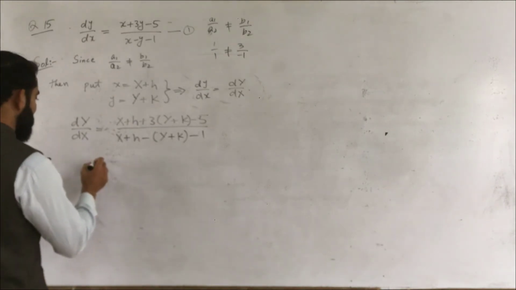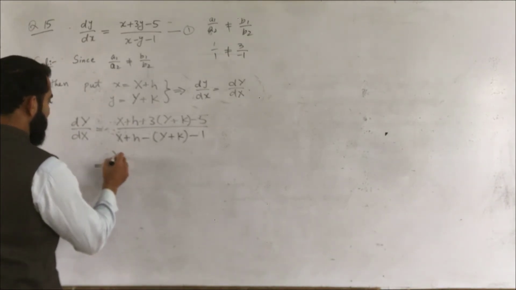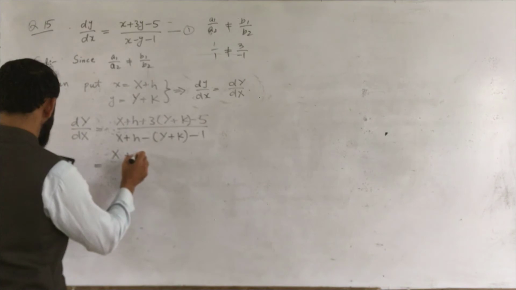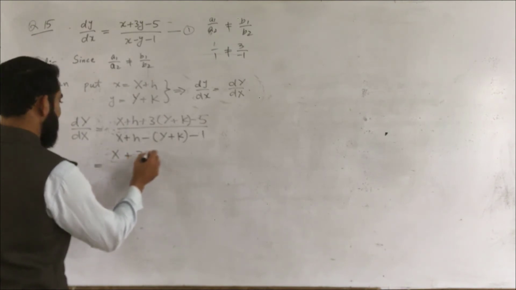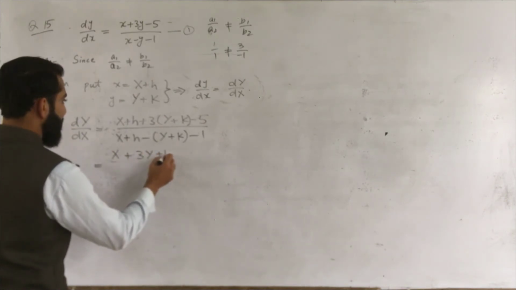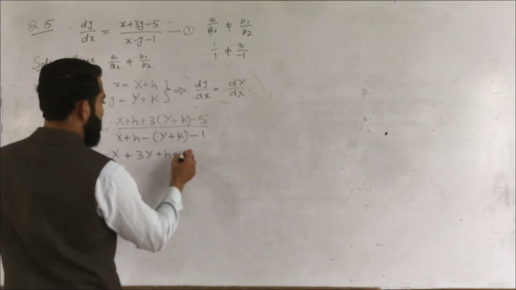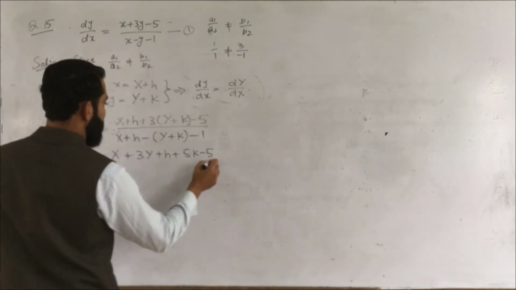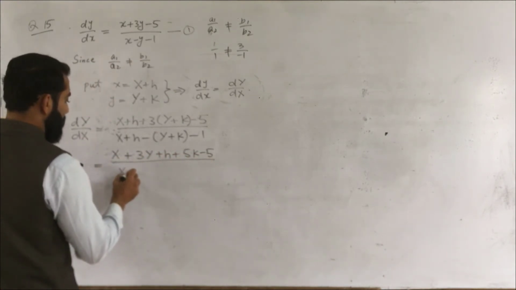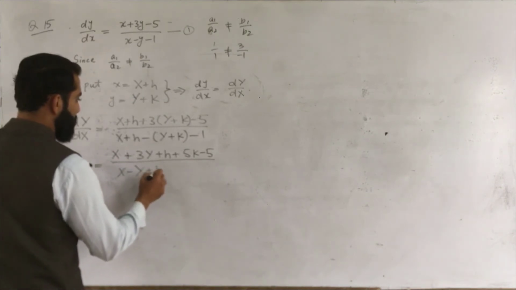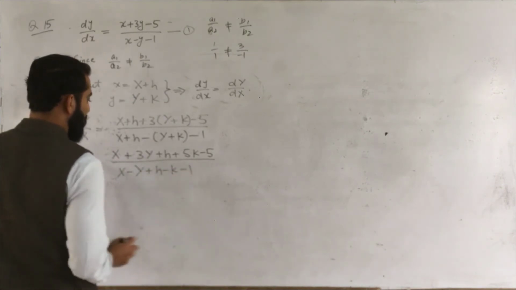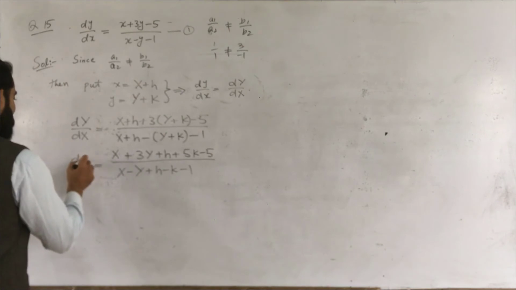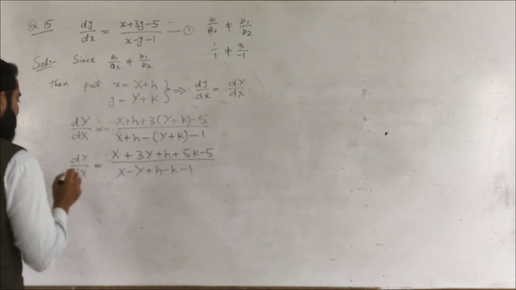If we solve this equation, X plus 3Y plus h plus 5k minus 5 divided by X minus Y plus h minus k minus 1 is equal to dY over dX.